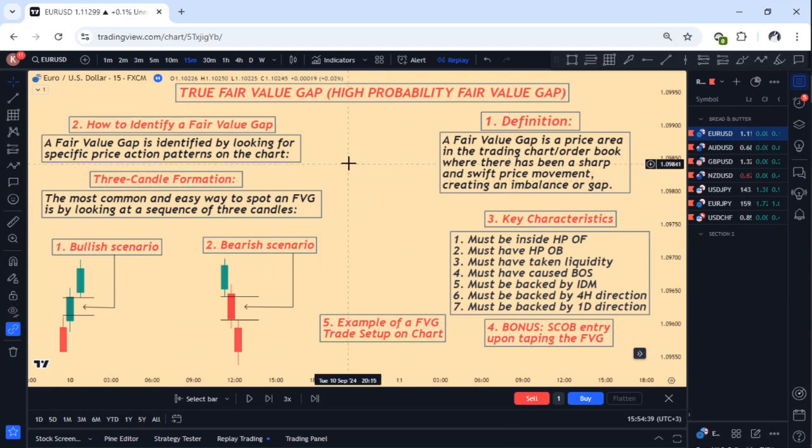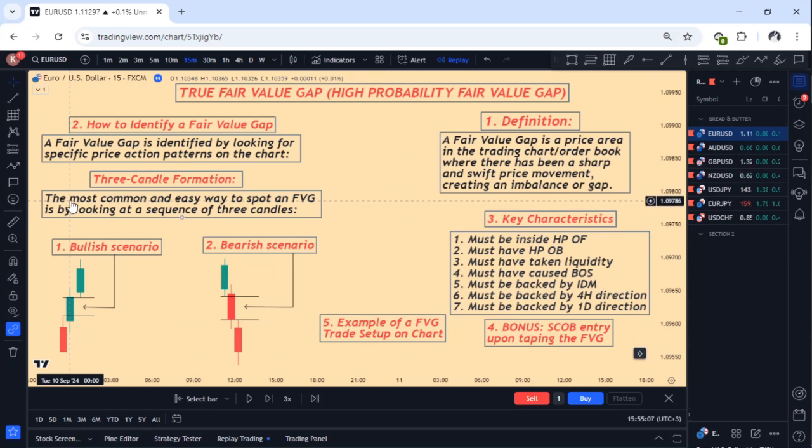Now, how do you identify a fair value gap? It's very simple, because a fair value gap is identified by just looking at three specific price action pattern candles. So they are formed from three candles. That is why I wrote here three candle formation.